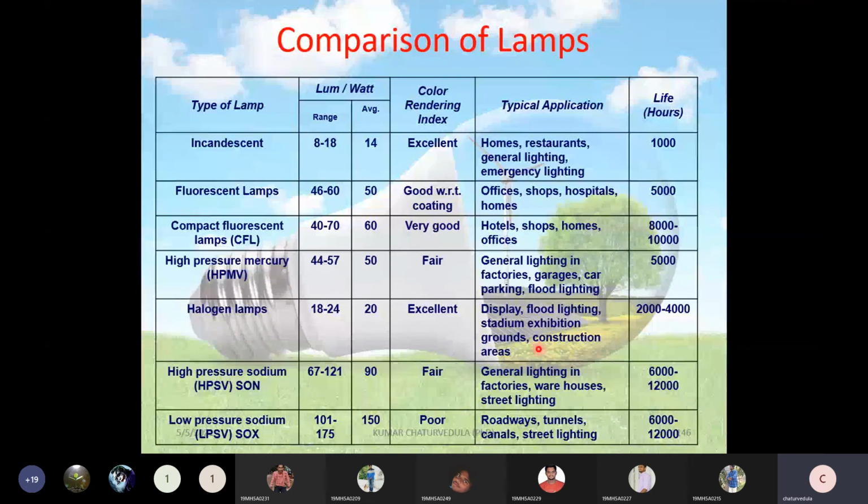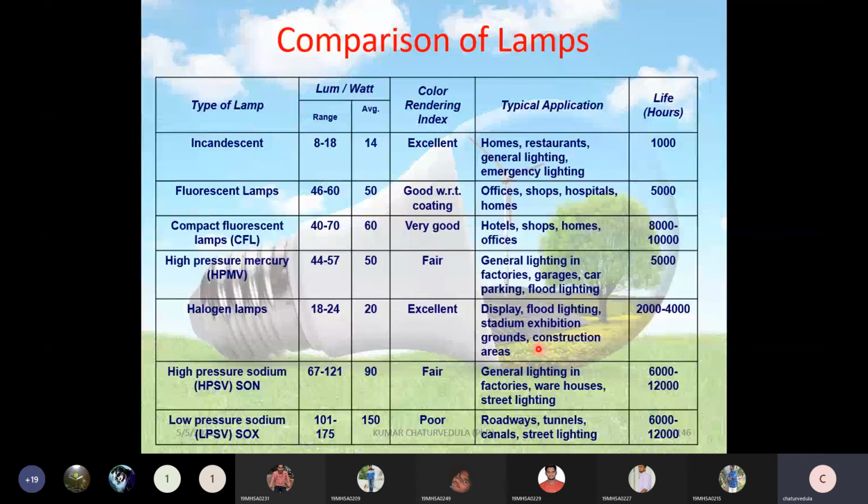These incandescent bulbs are usually used in homes, general lighting systems and restaurants. Earlier, now these things are changing. Now you don't find much incandescent bulb, but these were used in homes and restaurants. The average life of incandescent bulbs was 1000 hours.